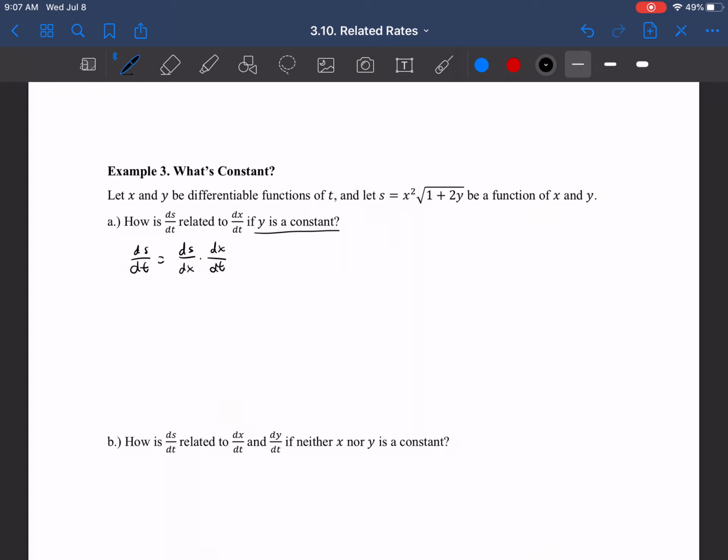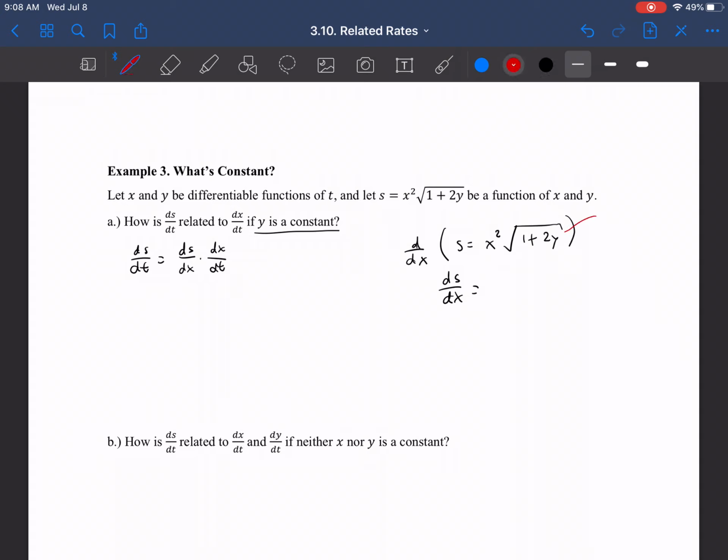So we have dx/dt, and we can go through and start doing this. So d/dx of s equals x squared times the square root of 1 plus 2y. Okay? And so this is ds/dx equals, and here remember, y is a constant, right?